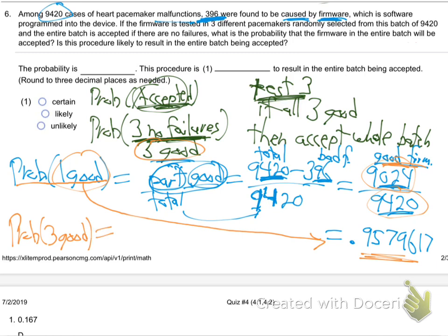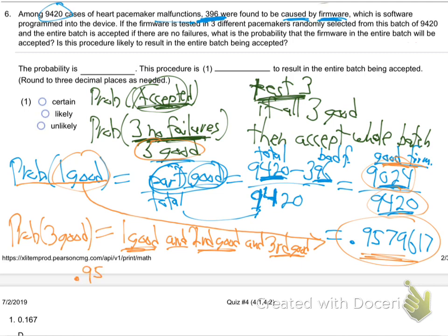Well, how do you get 3 in a row that are good? You get 1 good one and a second good one and a third good one, don't you? You got to get 3 good ones in a row. Well, what's the chance of that? Well, every single time it says 0.9579617. So you just take that 0.9579617, and means times.